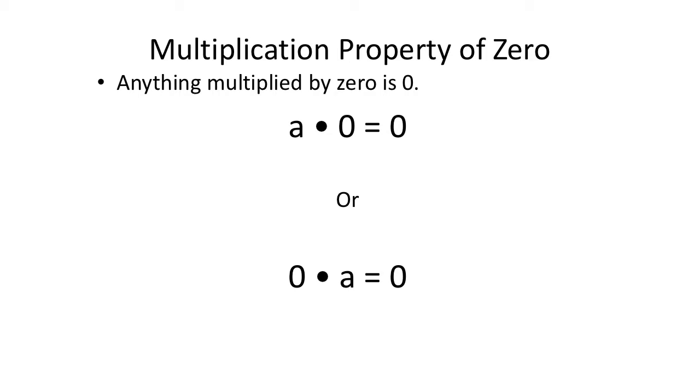If we ever see anything multiplied by 0, we should know that the product is just 0. Anything multiplied by 0 is 0. The result or product is always going to be 0. Because it means you either have 0 groups of something, or you can have any number of groups of nothing and still have nothing left.